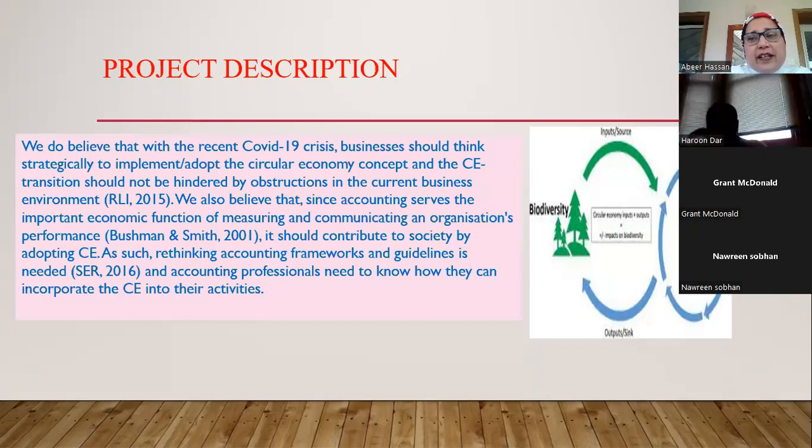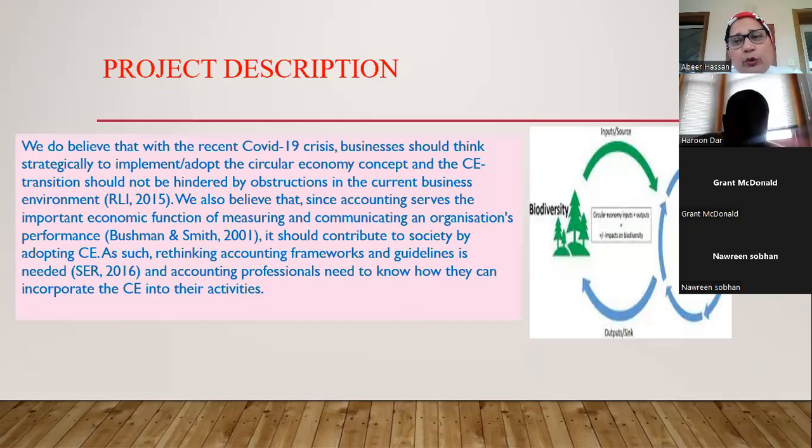We also believe that, so you can see here the link between accounting and circular economy, because again, people in science write on circular economy, people in geography write on circular economy, people in biology write on circular economy. But what the hell can circular economy do with accounting?